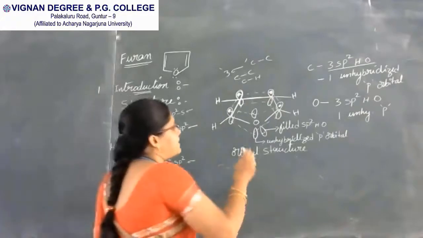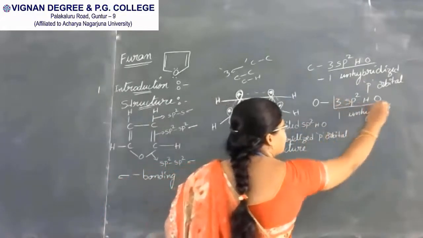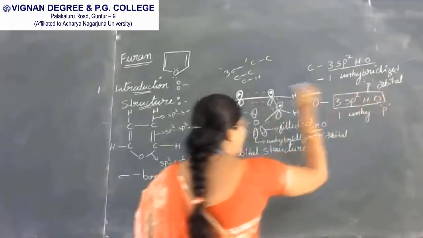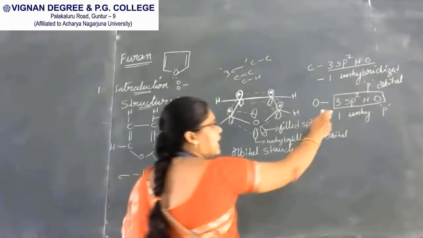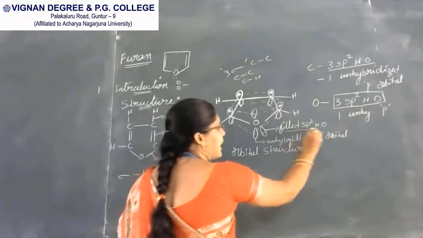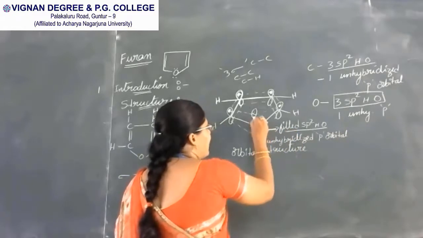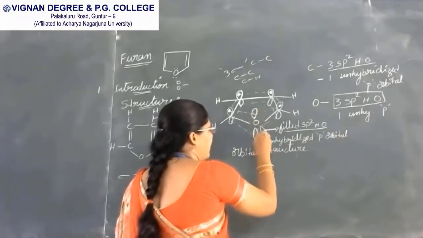And next, the oxygen atom. It has 3 sp2 hybridized orbitals. Out of these 3 sp2 hybridized orbitals, one is a filled sp2 hybridized orbital. This one is the unhybridized p orbital.